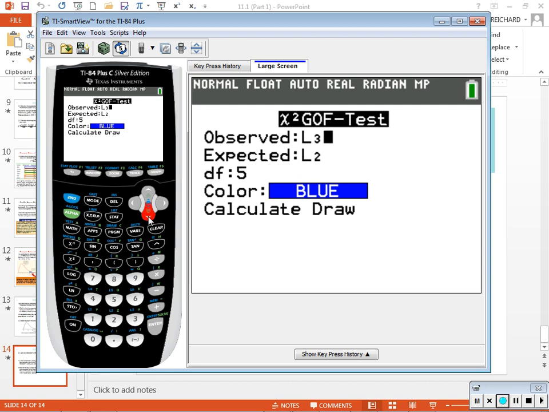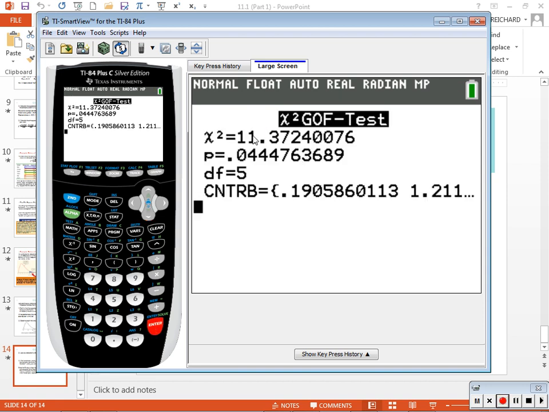That's where my observed values were, and my expected values were in L4. Once again, you have 5 degrees of freedom, and when I calculate this, here's the test statistic, 11.37. Here's the p-value, 0.0447.